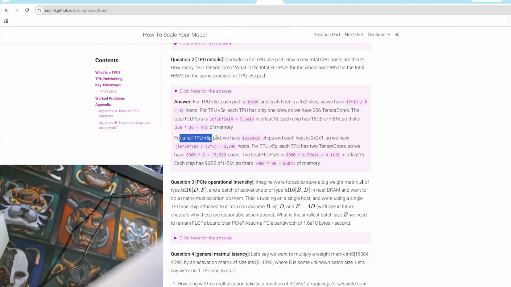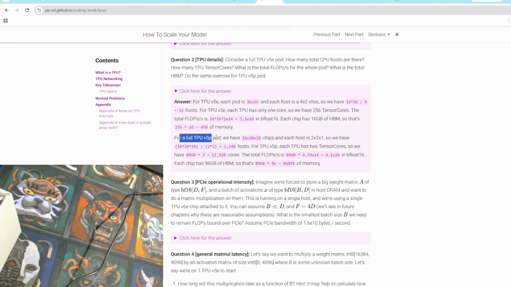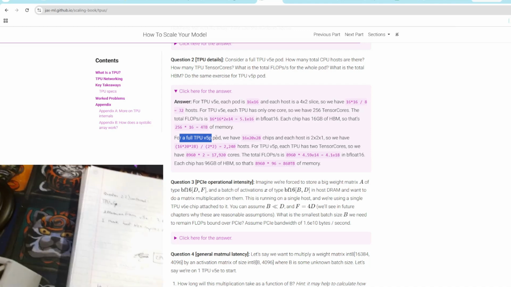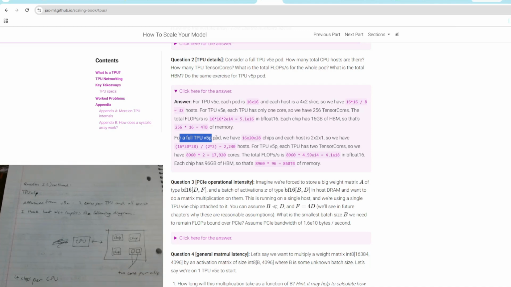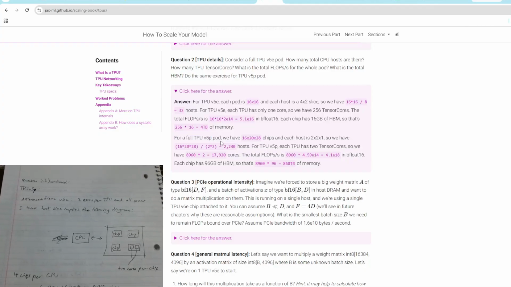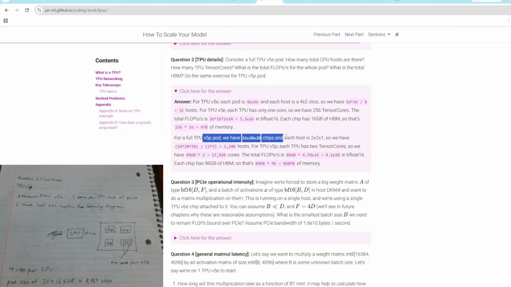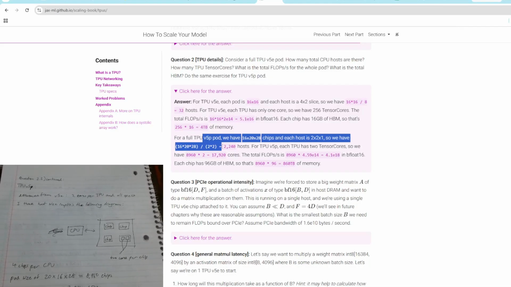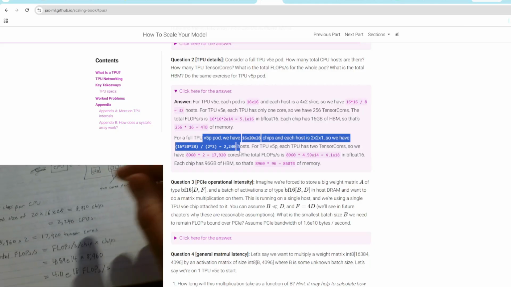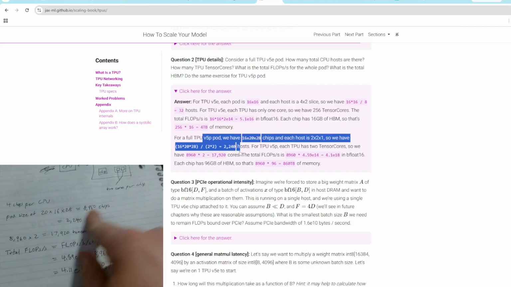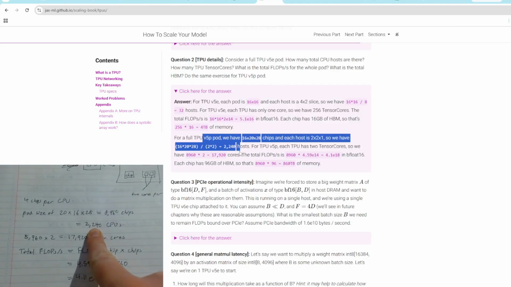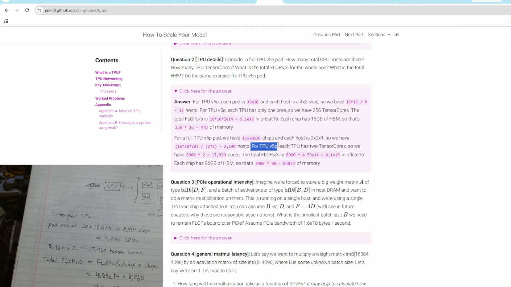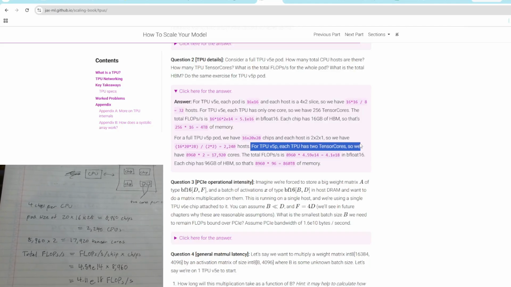See if I can one-handed flip the page. Done. All right, let's see what we got here. We have 16 by 20 by 28 chips, and each host is 2 by 2 by 1. So we have 2,240 hosts. I got that right. I'm surprised that I got that right. For TPU V5P, each TPU has 2 tensor cores.